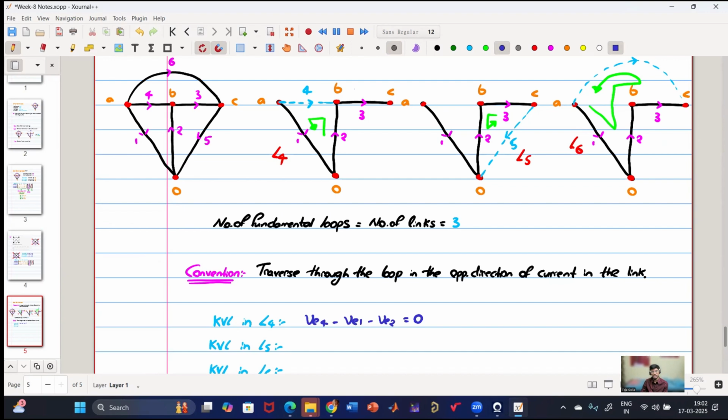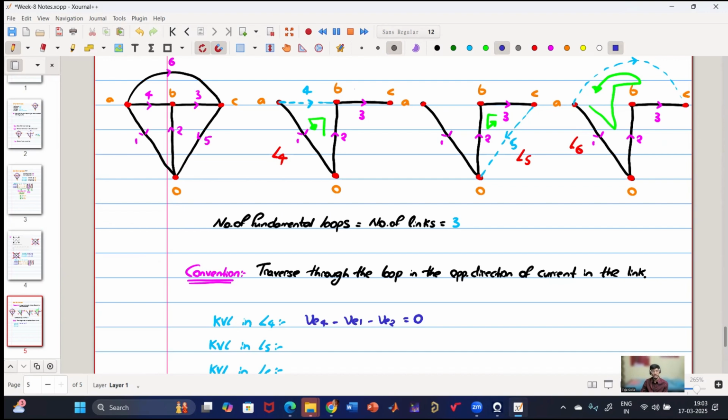You took it from B to A. No, the direction of the current. Element 4 current, from A to B. A to B, right? So current flows from higher potential to lower potential, or lower potential to higher potential? Higher potential to lower potential, right? So now VA is at a higher potential or a lower potential compared to B? A is at higher potential.